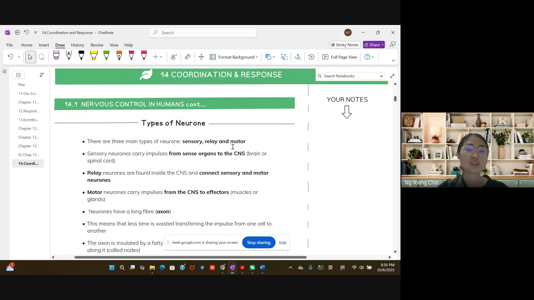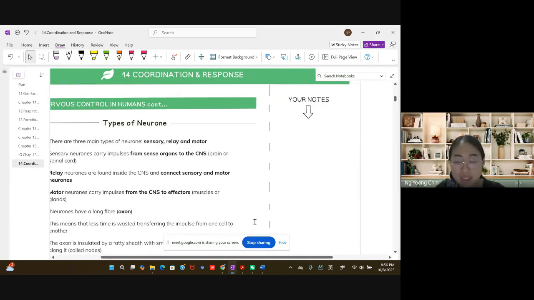Okay, so let's start the new chapter, coordination and response. This is a very, very long chapter because it talks about the nervous system. Actually this chapter is about how the body cells inside your body are able to connect to other body cells, and then they can work together to react to stimuli and produce a response.